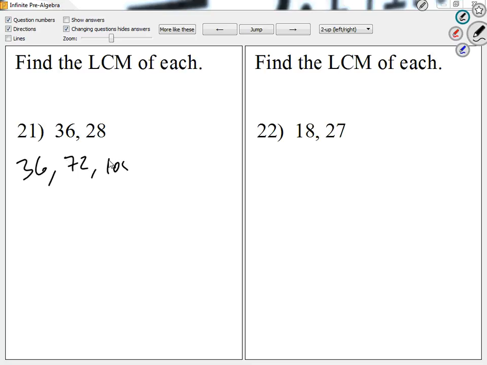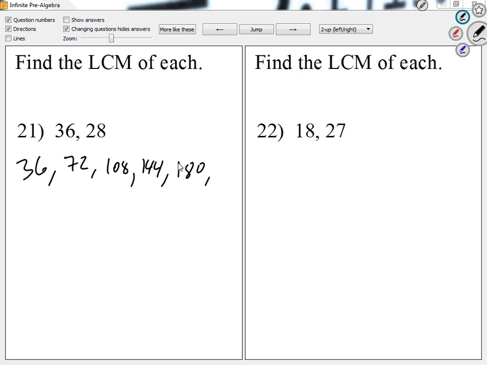Okay. Plus 36 more. How much is 108 plus 36? 144. Okay. Plus 36. How much is 144 plus 36? 180. We could continue. Let me stop there.